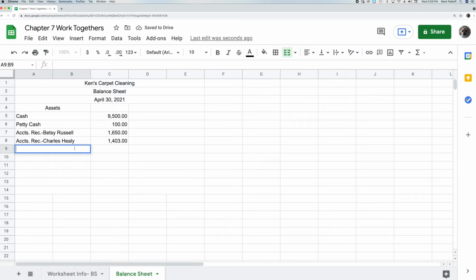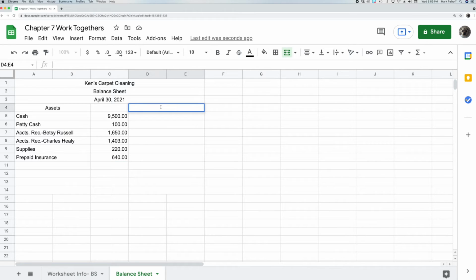After that, the next account is going to be supplies, and the amount is $220. And the last asset account is going to be prepaid insurance, and the amount is $640. Alright, so before we single line rule, write total assets, and then total all of the assets, we are going to do the liability and owner's equity sections first.